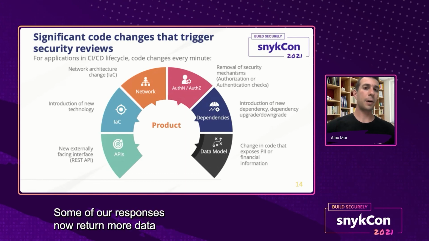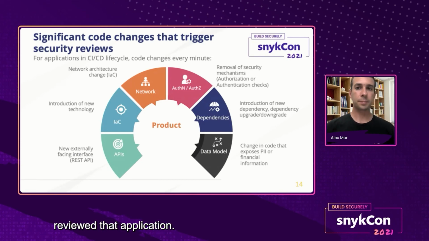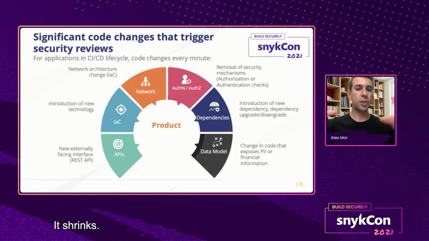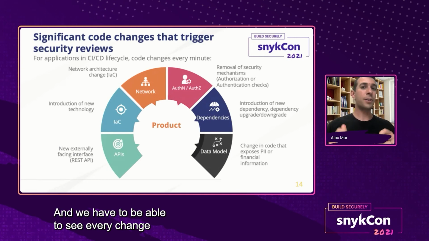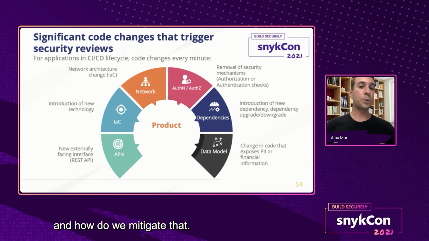Some of our responses now return more data than they should have been returning when we first reviewed that application. So the application is kind of a live creature. It changes, it grows, it shrinks, it grows hands, it grows legs, and we have to be able to see every change and think whether that is a security risk and how do we mitigate that.